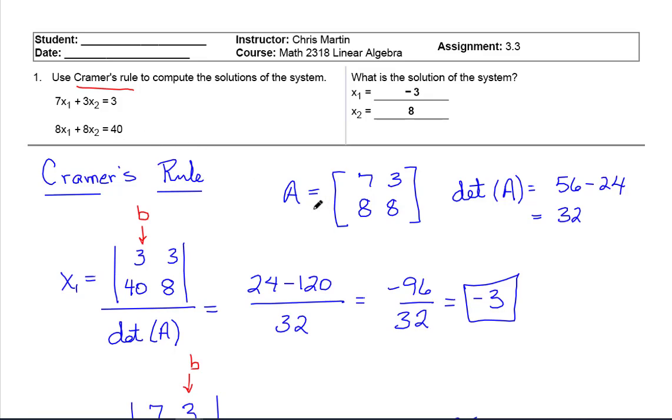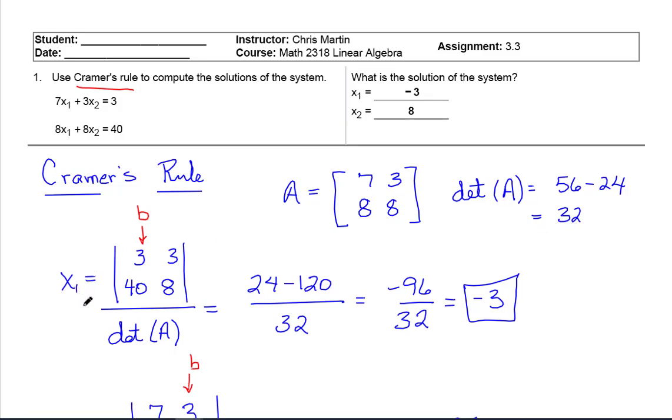So we form matrix A, so 7, 8, 3, 8. We find the determinant of A, so 56 minus 24, and so we get 32.